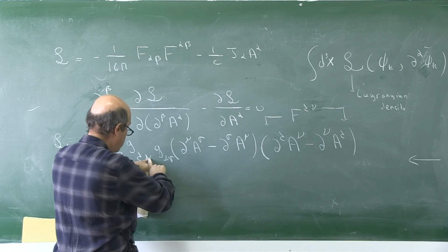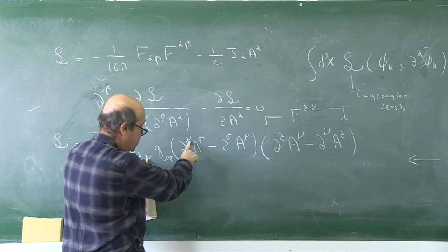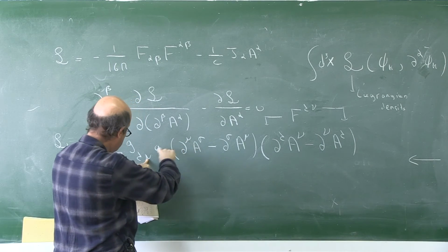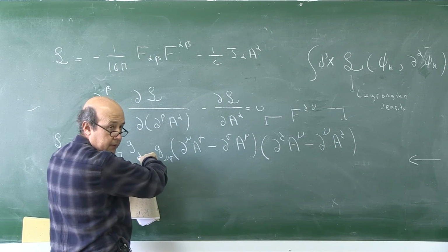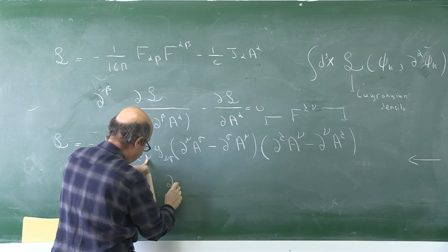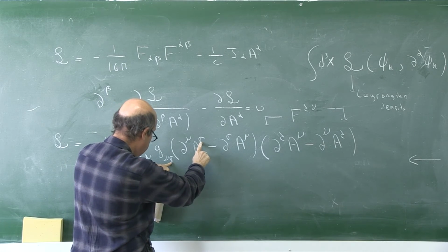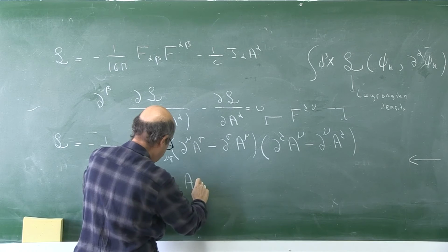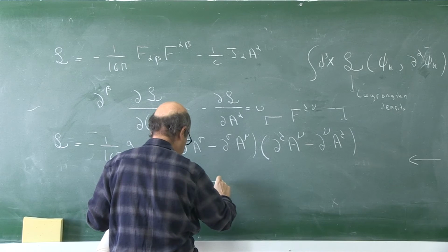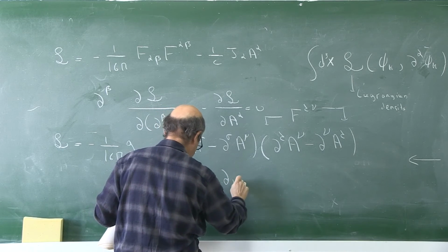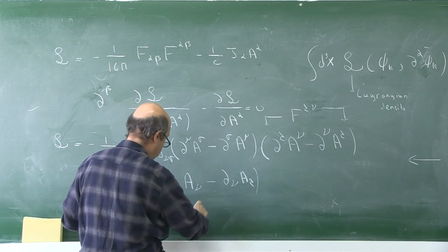If you contract the mu and mu, this is the metric tensor. What is the free index? Lambda. So what happens? Del lambda. If you contract the sigma and sigma, what happens? A mu. And if you do the same thing to the other one, you will obtain del mu A lambda. And what is this altogether?